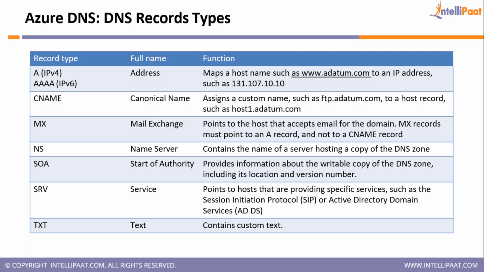It's generally available, and all this is available in Azure, and we can start using it to manage our domains and manage our services which we use those domains for. And the last one is TXT, which is a simple text record that contains custom text. These are the general record types for managing DNS anywhere.